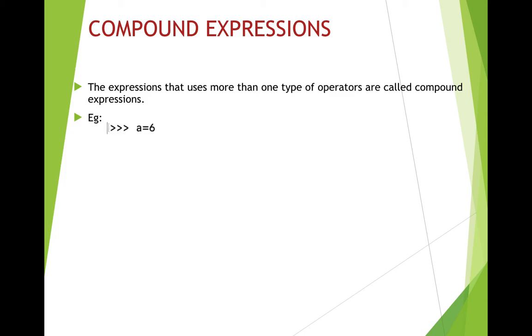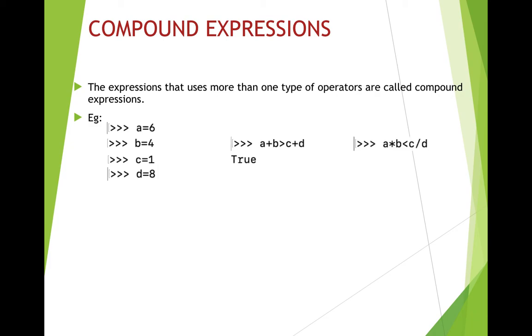For example, if I write a equals 6, b equals 4, c equals 1 and d equals 8, here if I do a plus b greater than c plus d, here see I am using the arithmetic expression, along with that I am using the relational expression also. Therefore, it is a mixture of both arithmetic and relational expression. Therefore, this is known as a compound expression. Now after evaluation we will get the result as true, as is obvious from here.